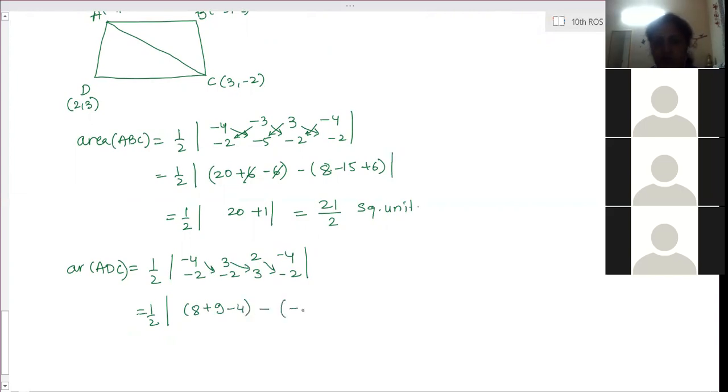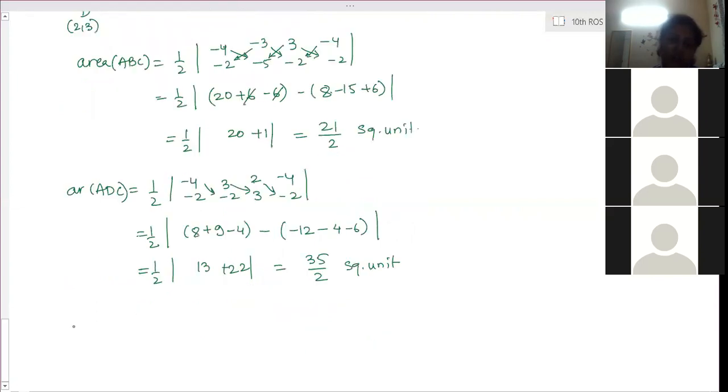Minus 4 into 3, minus 12. 2 into minus 2 is minus 4. 3 into minus 2, minus 6. Ma'am, is it 28 square units? How much? 28? I need to check. So this is 35 by 2 square units.